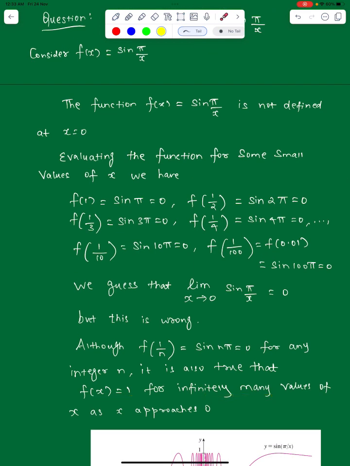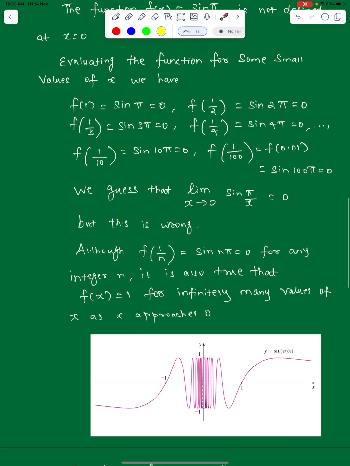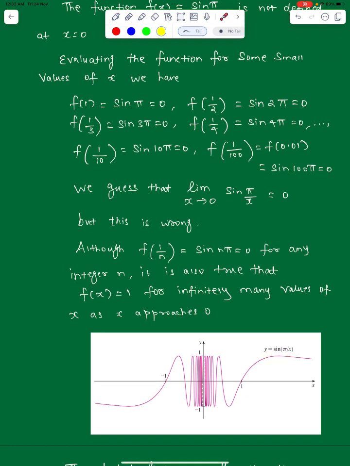So as x approaches 0, you can see this curve. This is the curve we can see here, sine pi over x. So when x is going to approach 0 from negative 1 and positive 1, from left hand side to right hand side, you can see almost this curve is coming closer towards 0, and the thing here is whenever you substitute the values, it oscillates between minus 1 and plus 1, you can see.